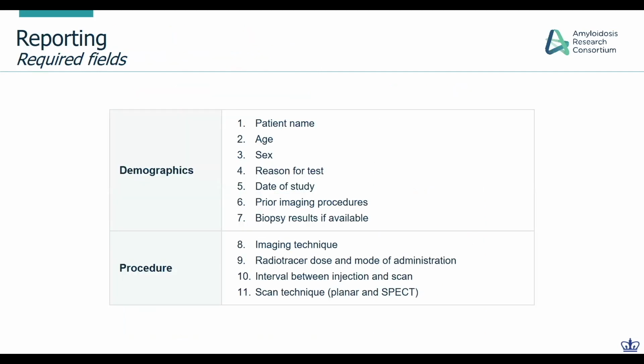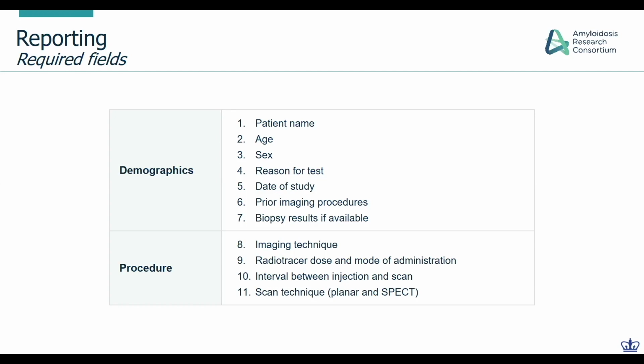In reporting, it's important that we include the demographics of the patient and also why the patient was sent. And if the patient has had any prior imaging procedures, including echo and MR, and what the findings were on those. And if the patient has had any biopsy, fat pad biopsy or endomyocardial biopsy, the results of that. And also the procedure: what type of imaging technique was used, how much radiation dose was given to the patient, and what was the interval between injection and scan.